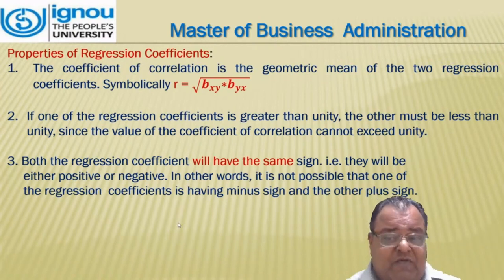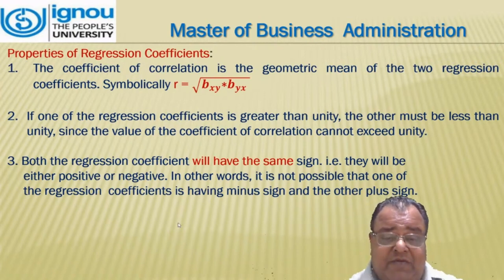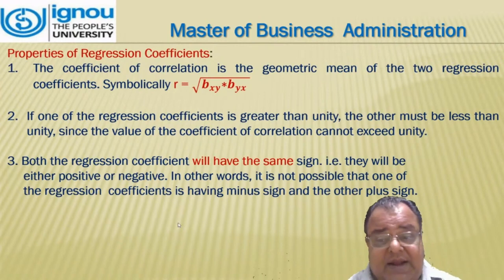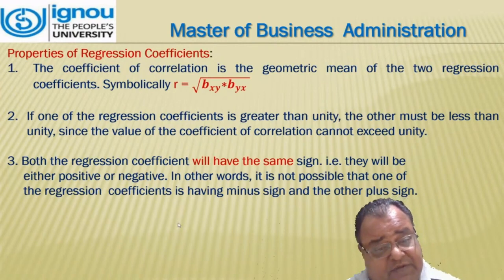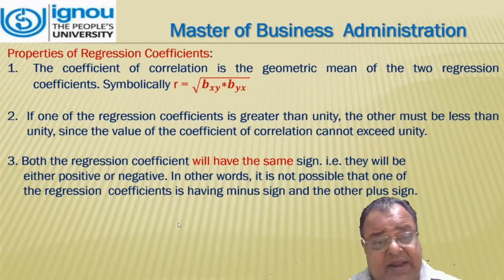Since the value of the coefficient of correlation cannot exceed 1, both regression coefficients will have the same sign, either positive or negative. In other words, it is not possible that one regression coefficient has a minus sign and the other a plus sign.